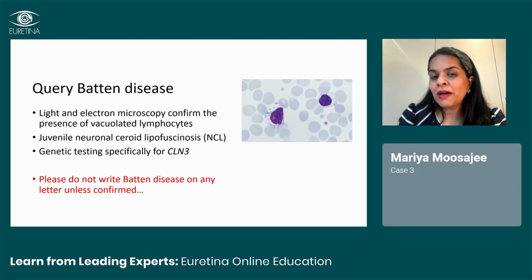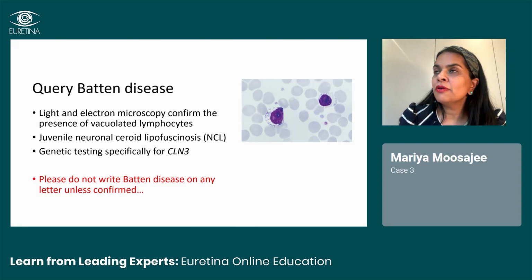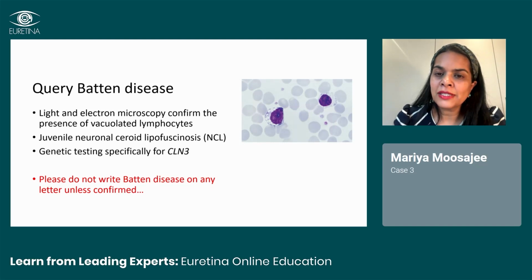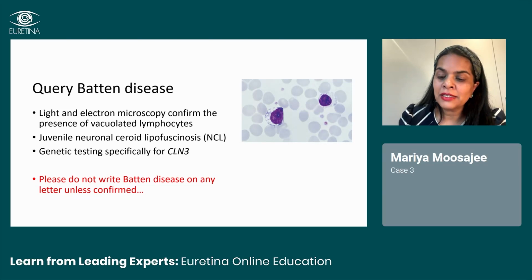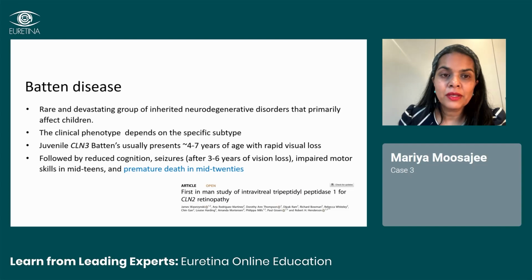I'm going to talk about it a bit more, but if you're worried about this, don't write it. You can talk to your colleagues about it. You need to find out your local protocols. There will be labs who'll be able to test for this, but it's something that you shouldn't mention until you're absolutely certain, because it can cause a huge amount of anxiety and stress.